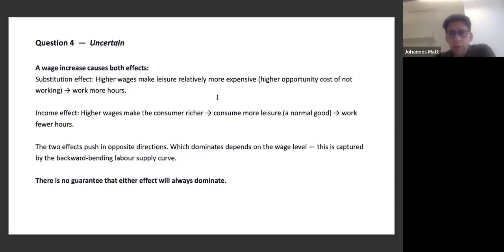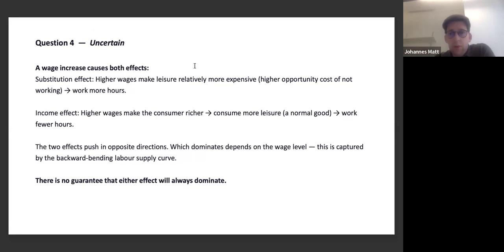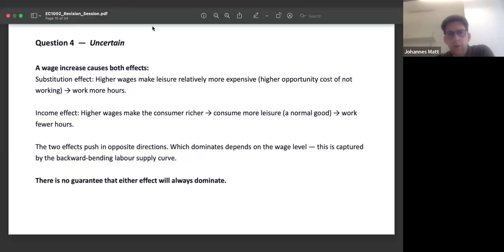That means the opportunity cost of not working has gone up. You're foregoing a higher wage per hour if you're not working. And so one response to that would be to work more. It is more costly not to work, so you would want to react to that by working more. That's what we usually refer to as the substitution effect.